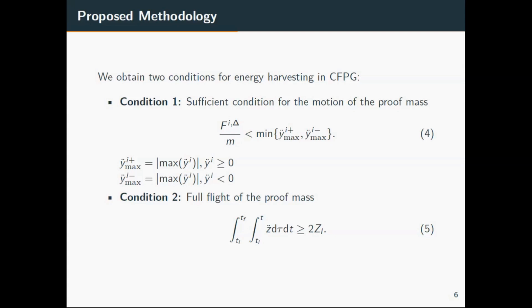And the other condition, as I mentioned earlier, is that to harvest energy, this proof mass has to travel that distance 2ZL between two plates. So the double integral that you see here has to be greater than or equal to 2ZL. This is a double integral of the acceleration, which gives position.